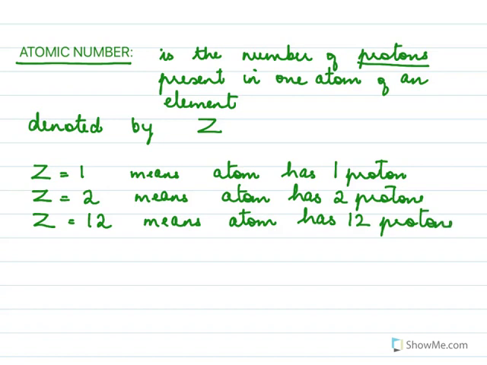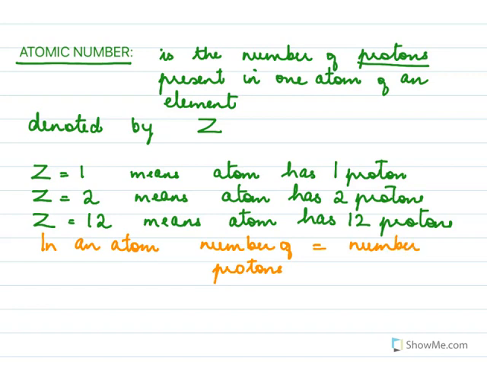The second point we need to remember is the number of protons is always equal to number of electrons in an atom. So in an atom, number of protons is equal to number of electrons.